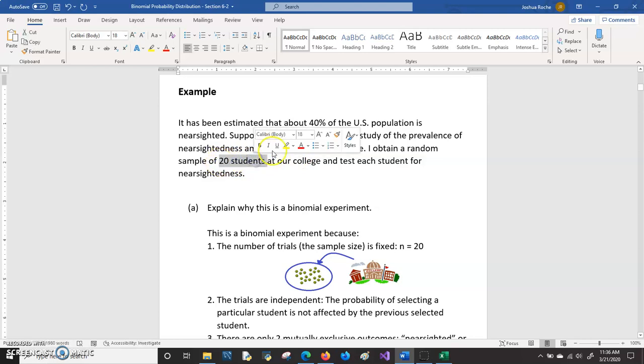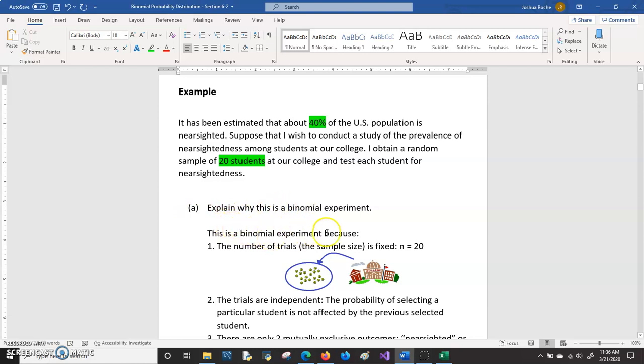So we'll want to keep this in mind, that 20 students, that's the sample size. And it'll also be important to remember this, that 40% overall of all U.S. people are nearsighted. Part A of this example says, why is this a binomial experiment?